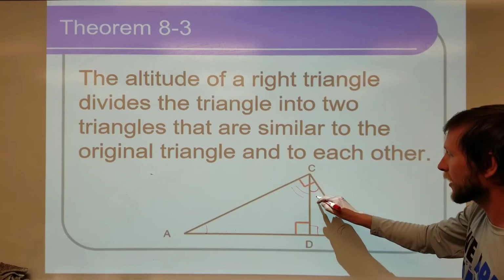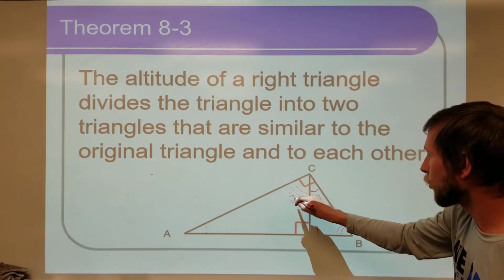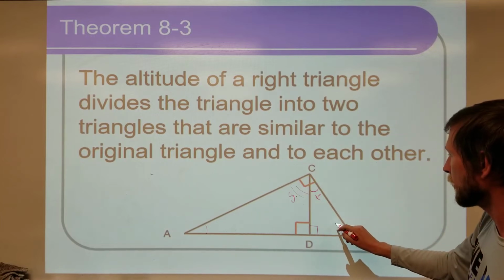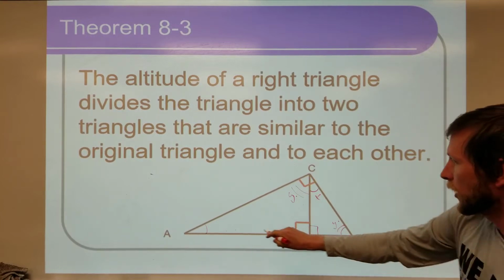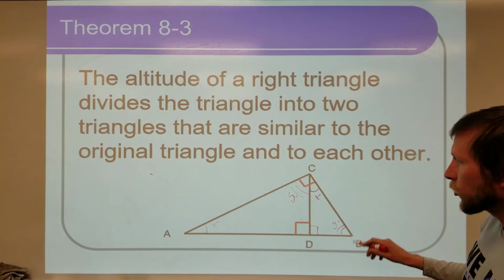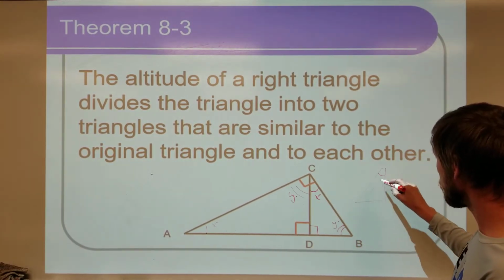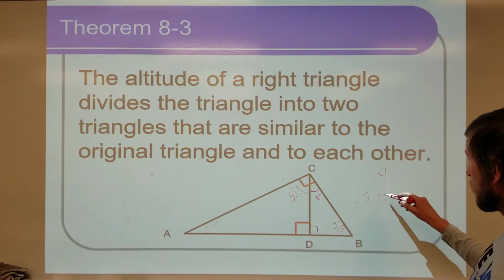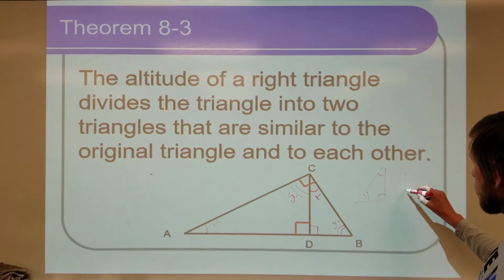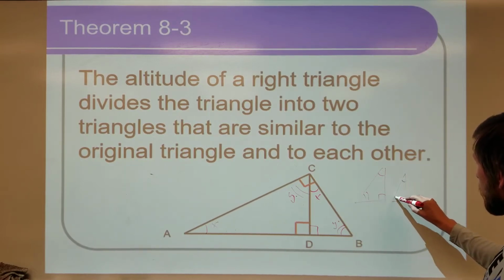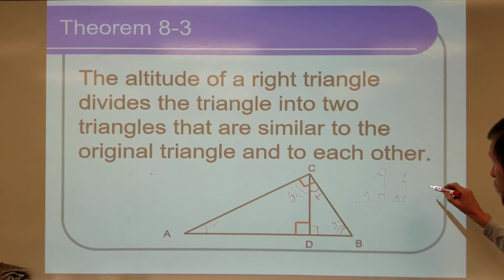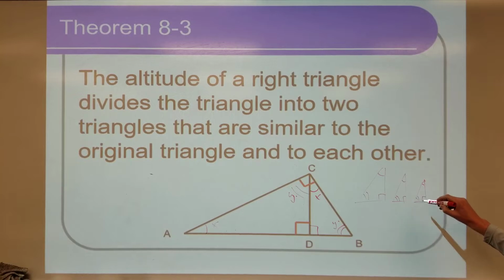And so if I say that this is x and this is y degrees and they add up to 90, then this has to be y degrees and this has to be x degrees. And so we find out that we actually have three triangles: the big one with the little angle, the double angle, and then the right angle. We have a medium-sized triangle with the little angle, the double marked angle, and the right angle. And then we have a smaller sized triangle with the little angle, the double angle, and the right angle.